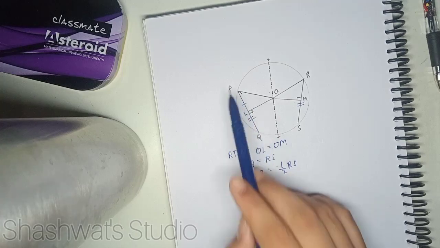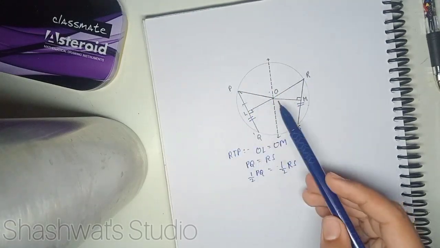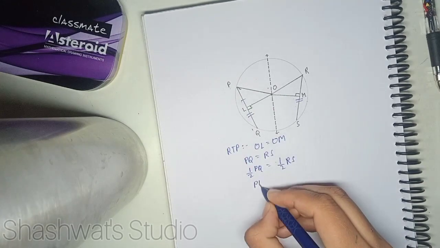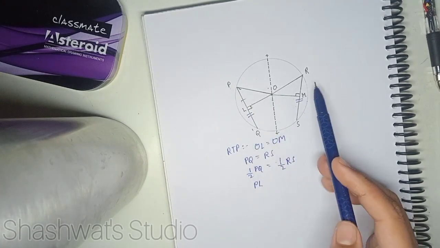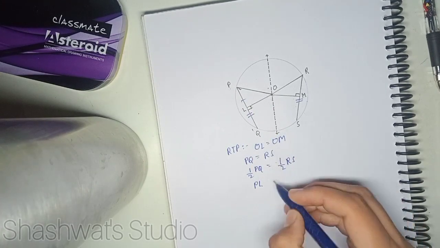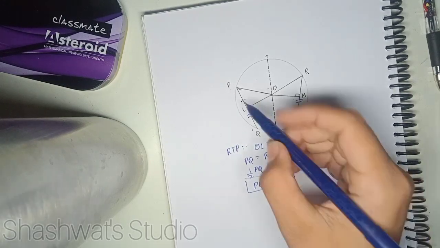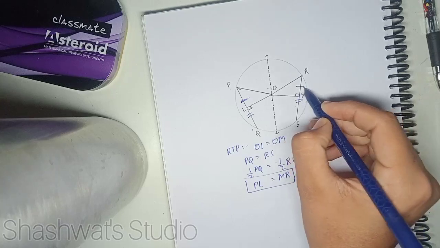In this case, the half of PQ will be PL, as OL bisects PQ. So half of PQ can be written as PL, which is equal to half of RS, which is MR. So we got one data, which is PL is equal to MR.